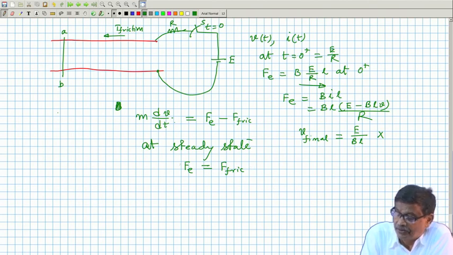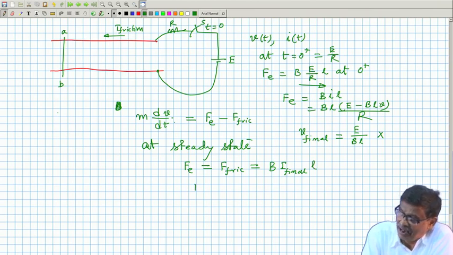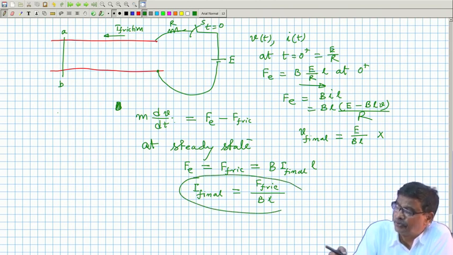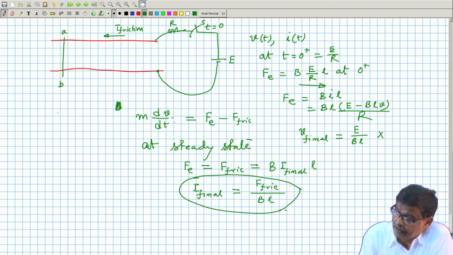So, the electromagnetic force is I final into B L. Look, your I final will be F friction divided by B L. This will be the final steady state current, which of course, after solving these differential equations, one must arrive at. You can try.